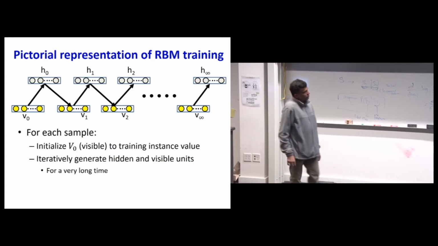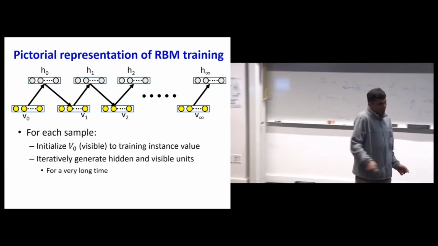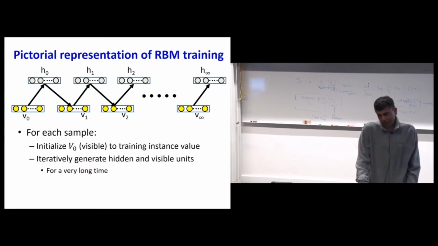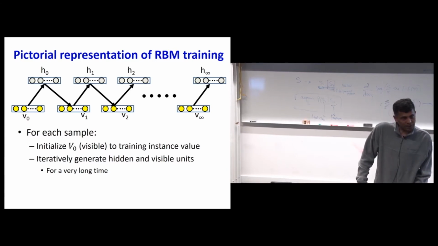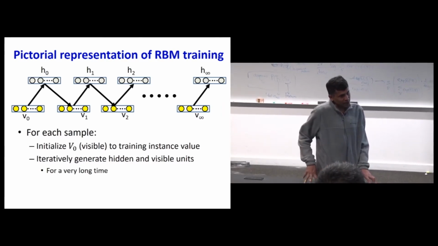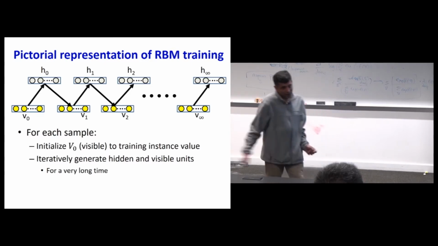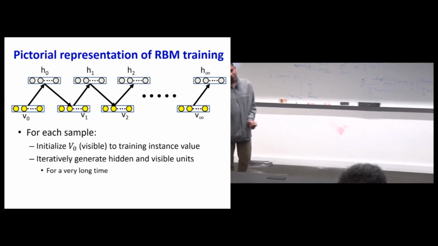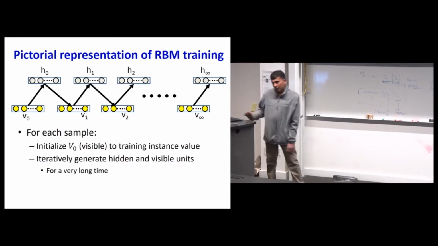So here's what you would get. I could start off by initializing, if I have some training instance, the visible patterns with the training instance, sample the hidden values, and then from the hidden values sample the visible values. I can go back and forth, right? And in theory I have to go all the way to infinity to actually get things to work properly.